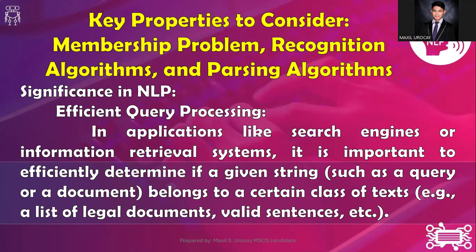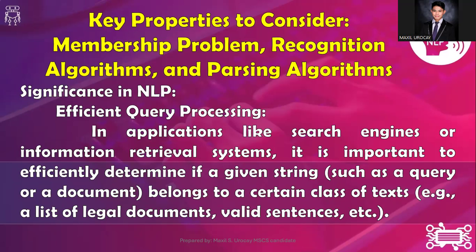So efficient query processing in NLP is essential for applications like search engines, where it's important to quickly determine if a given string, such as a query or specific document, belongs to a specific class, like valid sentences or legal documents. This will ensure faster and more accurate retrieval of relevant information, improving the efficiency of the system.